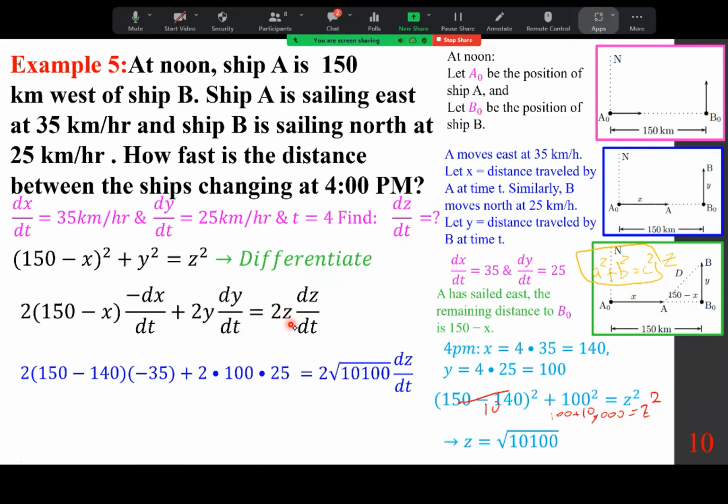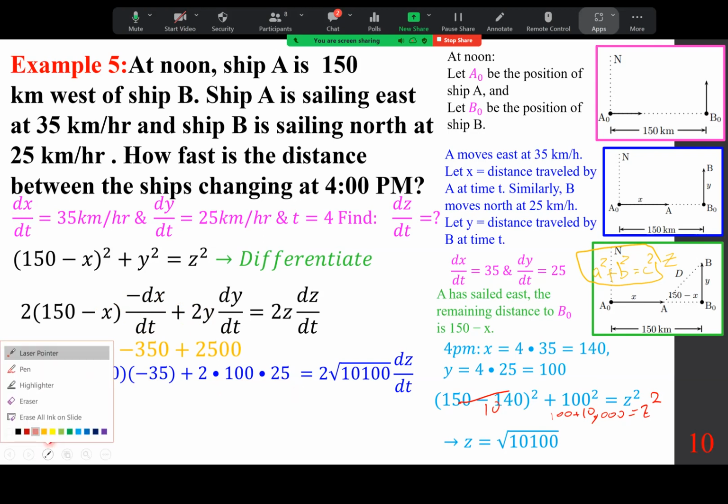Okay. So this is 140 with negative 35. The product is negative 4900. And then 2 times 100 times 25 is 5000. By the way, I'm just dropping the 2's from both sides.